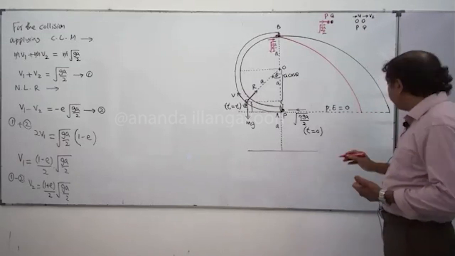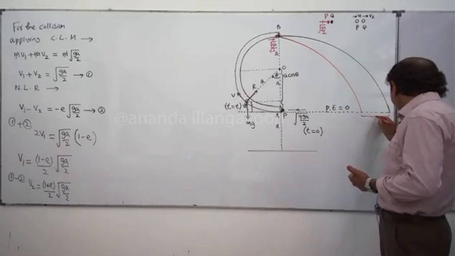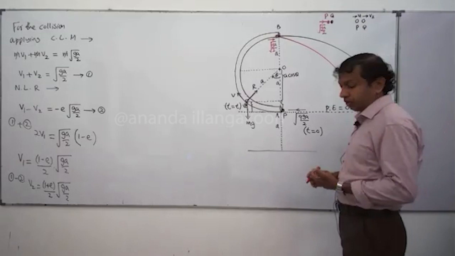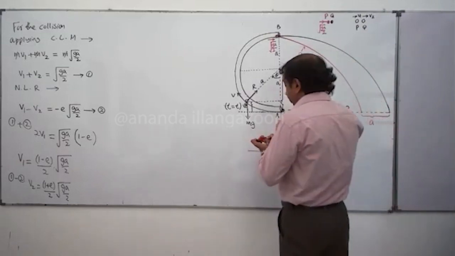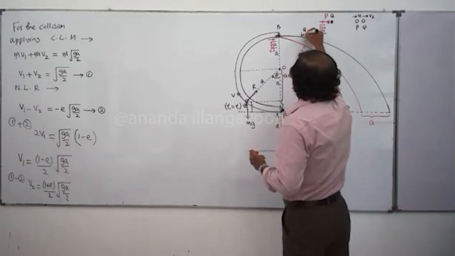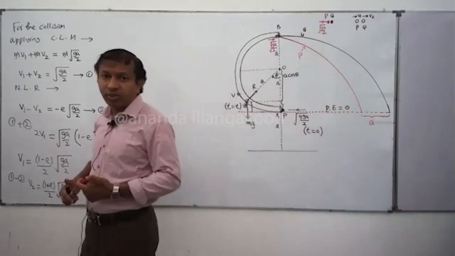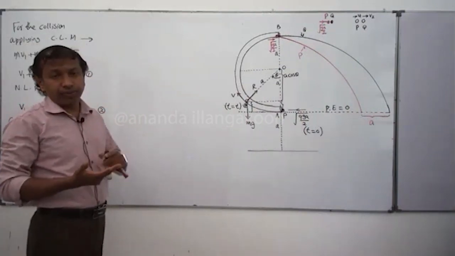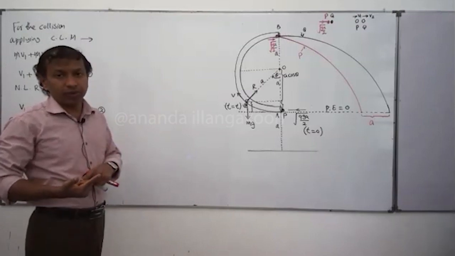The gap between these 2 points is given, and we are asked to find e, the coefficient of restitution. Now the motion is a projectile motion. See here in this question, how many lessons join together? Circular motion, impact of elastic bodies, and projectile motion. 3 motions are involved.